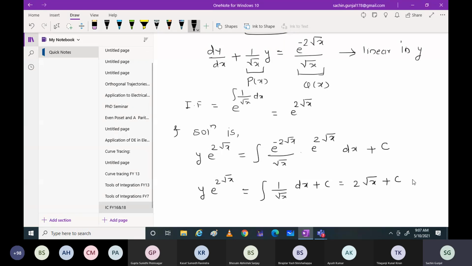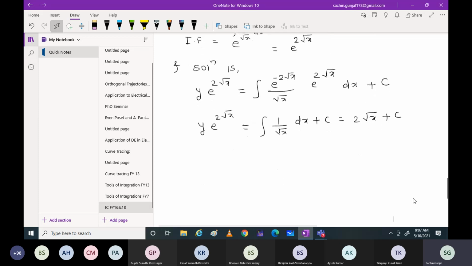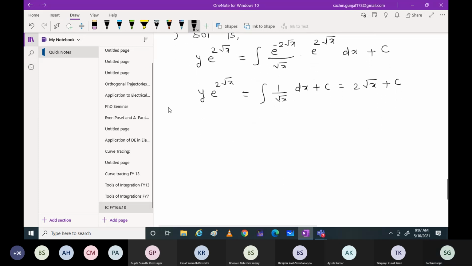I want you people to try one example, so just try this fourth one. y log y dx plus x minus log y dy equal to 0.